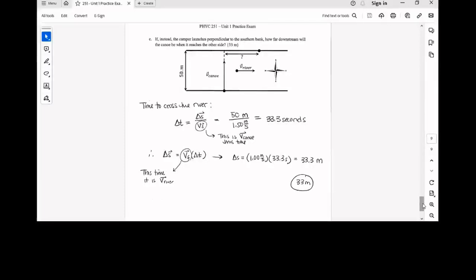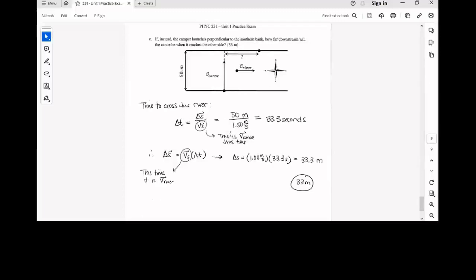Now you're just using the entire 1.5 meters per second so that it's oriented along the vertical axis. But just as we saw before with part B and also with every projectile motion problem, the delta t that we calculate for the trip across the river in the northward direction is going to be exactly the same time that the canoe moves horizontally, or from west to east.